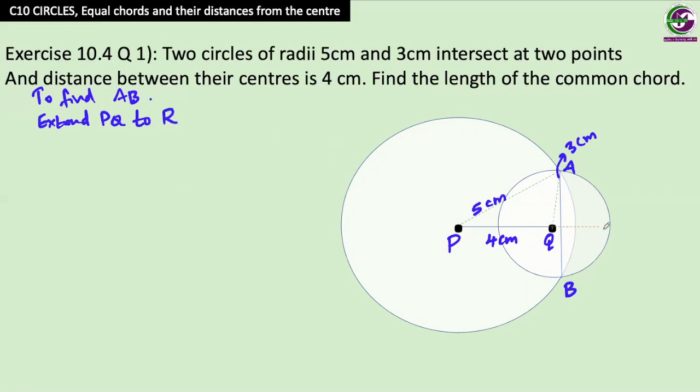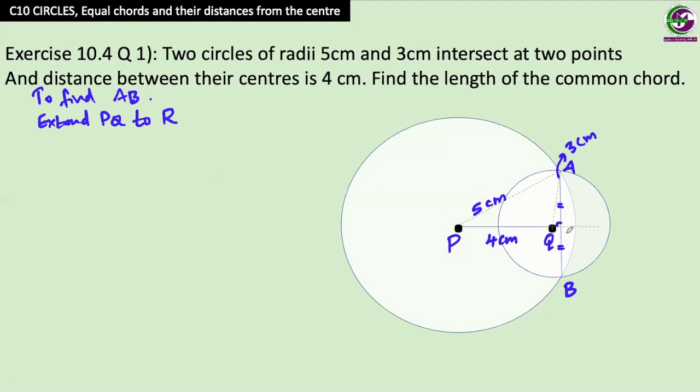Why did we extend here? Because we have studied a theorem connecting the centers of two circles. The line joining the centers of the circles is the perpendicular bisector of the common chord. So we can find that the angle here is 90 degrees and the chord is bisected.